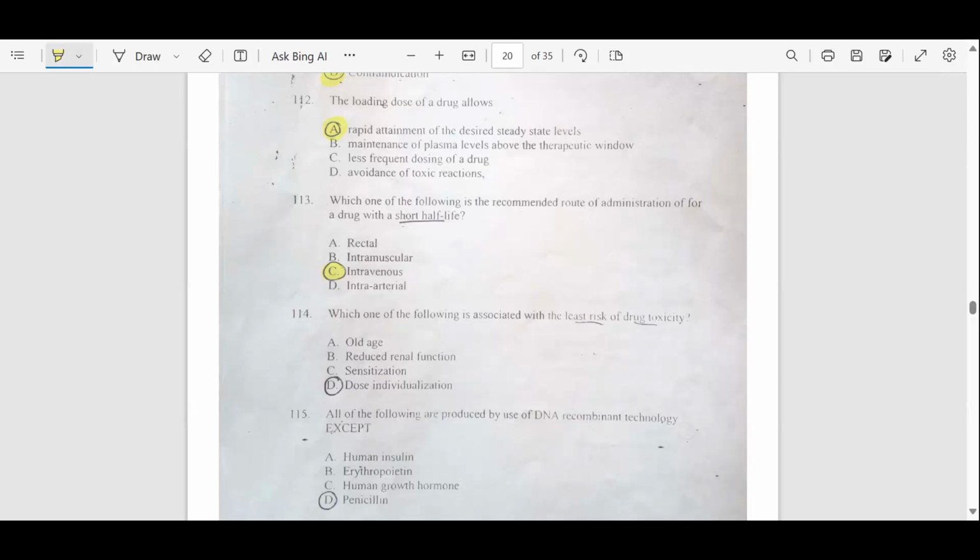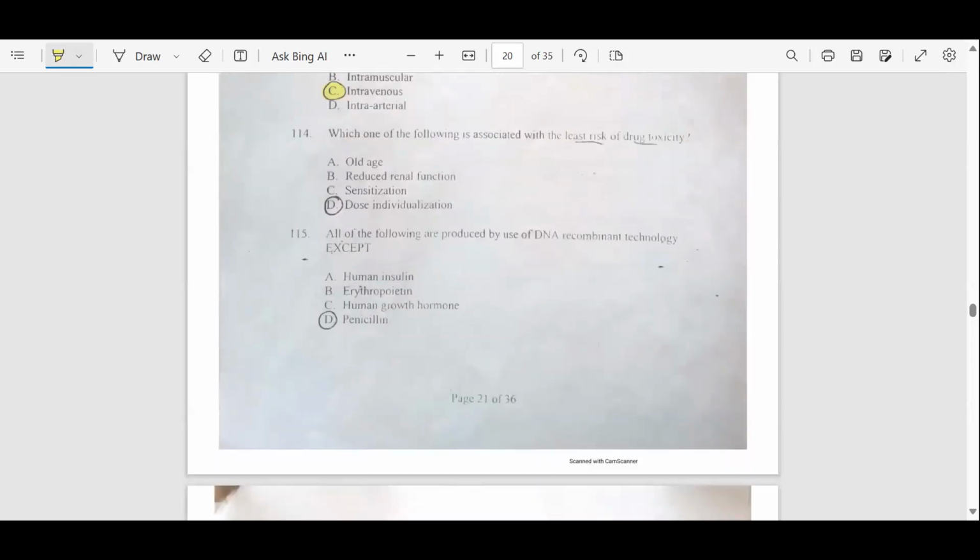So 114, which of the following is associated with the least risk of drug toxicity? You have old age, reduced renal function, sensitization, and dose individualization.